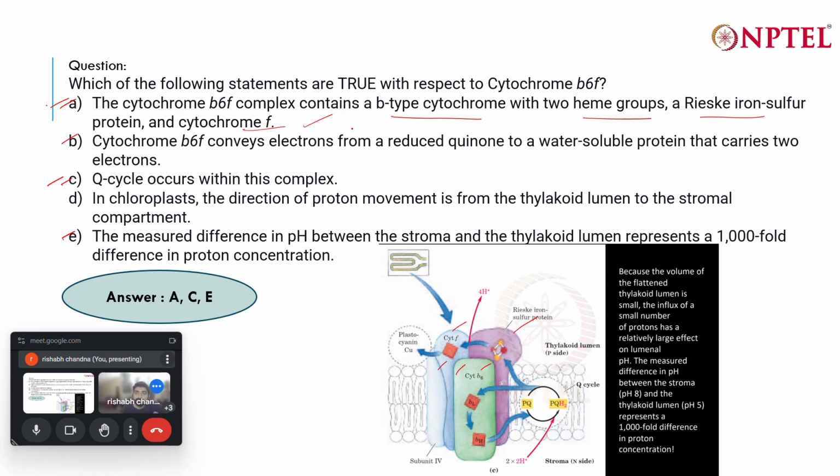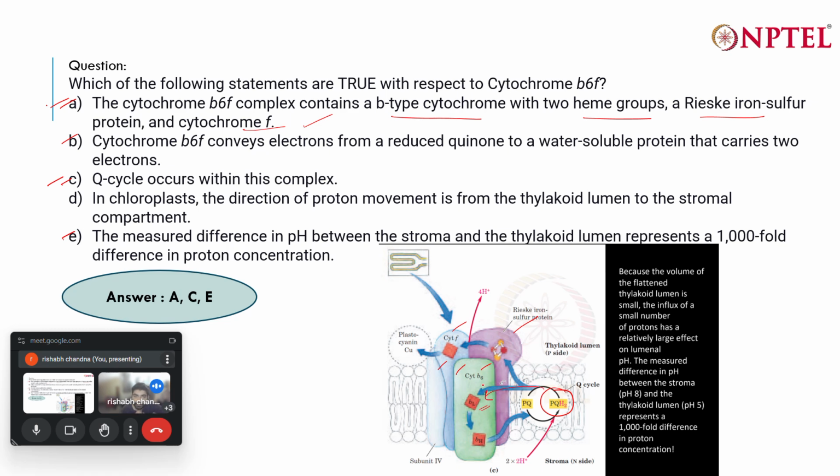Then, cytochrome B6F conveys electrons from a reduced quinone to a water soluble protein that carries two electrons. It is not a water soluble protein. Cytochrome B6F conveys electrons from a reduced quinone to a water soluble protein that carries two electrons, and it carries the electrons from cytochrome B6.